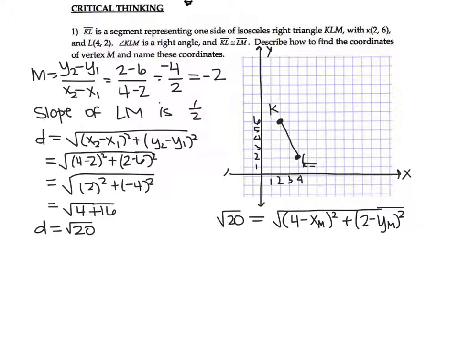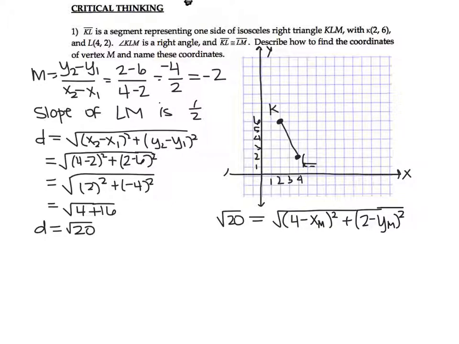So I'm going to come back to this equation a little bit, and now I'm going to use the fact that the slope of my segment LM is 1/2 to write an equation in point slope form. Since I know my endpoint M has to be on the line that contains point L, I can write an equation in point slope form.